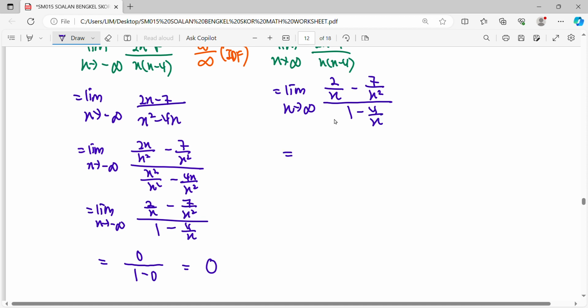And then we evaluate our limit again. So 0 over 1, still 0. So where is our horizontal asymptote? Your y here, not your x. Your answer here is your y. Your y here is 0. y = 0 is the horizontal asymptote.